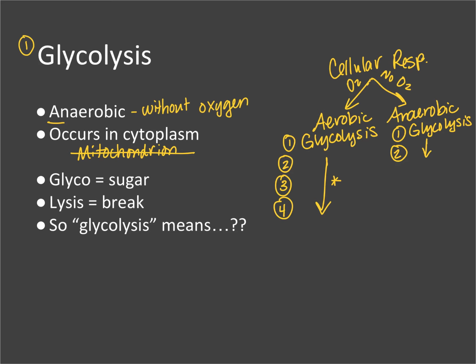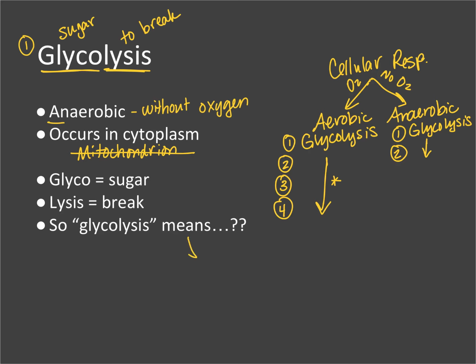Now, if we look at the word glycolysis, we can break it down into glyco and lysis. And glyco is a prefix having to do with sugars. So think of things like glycogen, glycocalyx. These are all things that are related to sugars. And then we know from learning about hydrolysis reactions that lysis means to break something. So the term glycolysis actually means to break sugar.